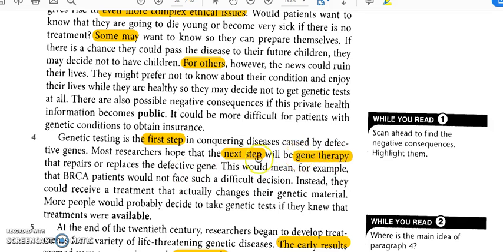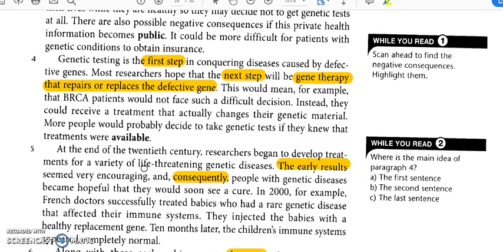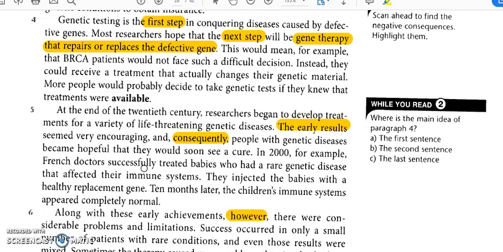So here we have our main idea. Now, it's such an important main idea that it repeats itself. This would mean, for example, and it returns to the example about the BRCA patients and what that means for them.